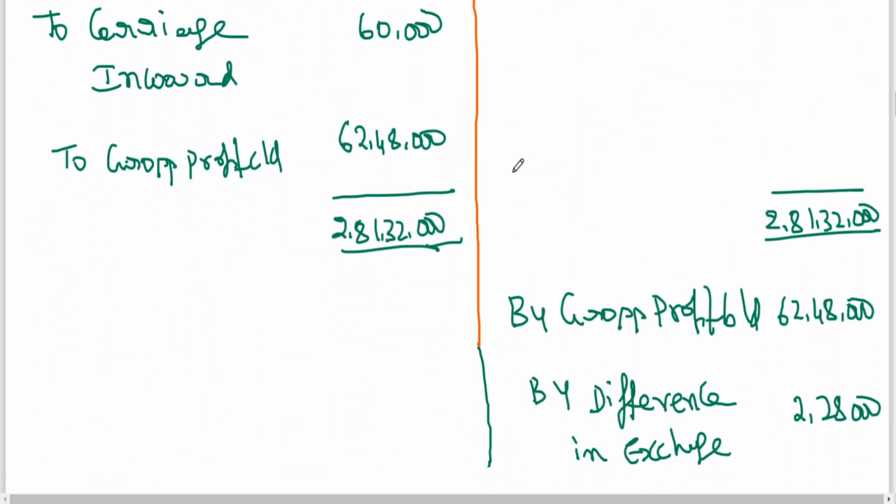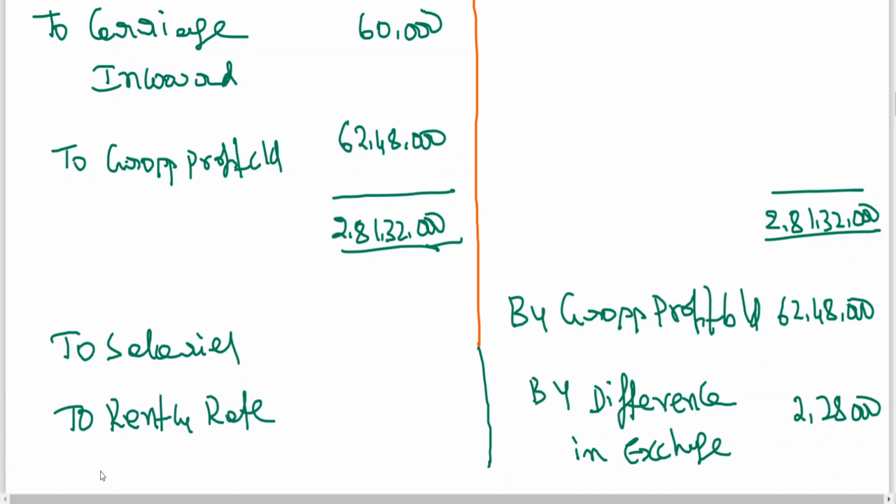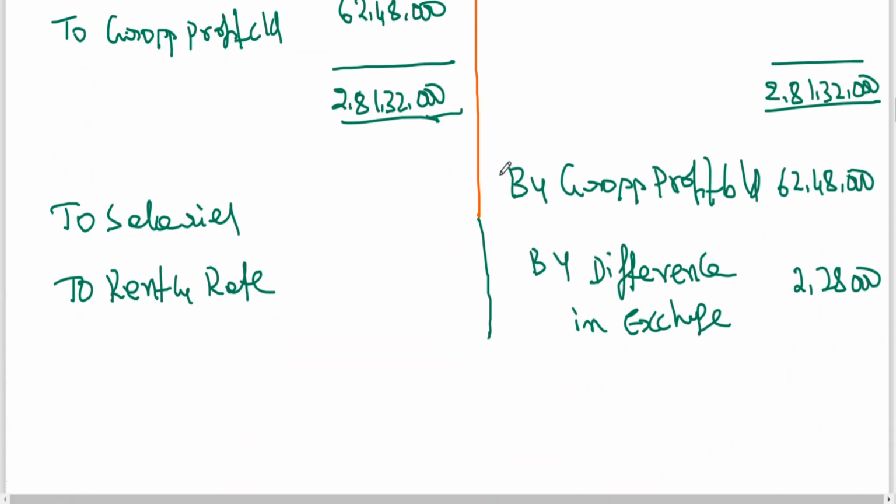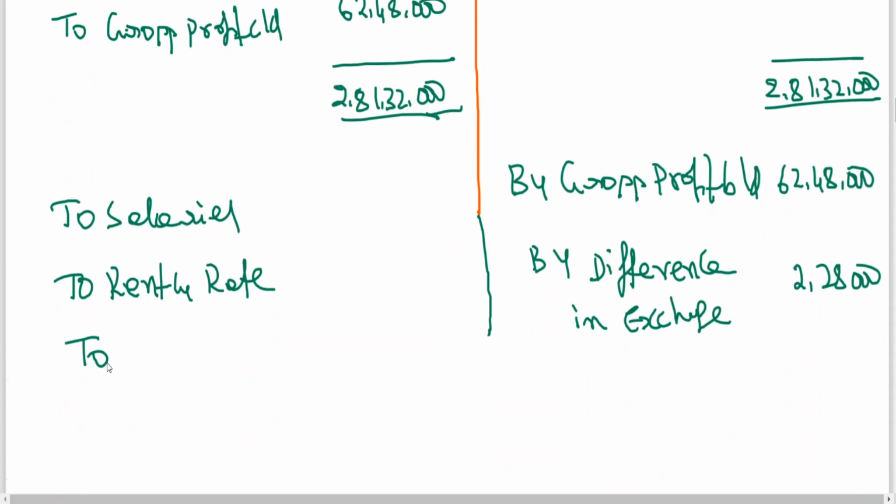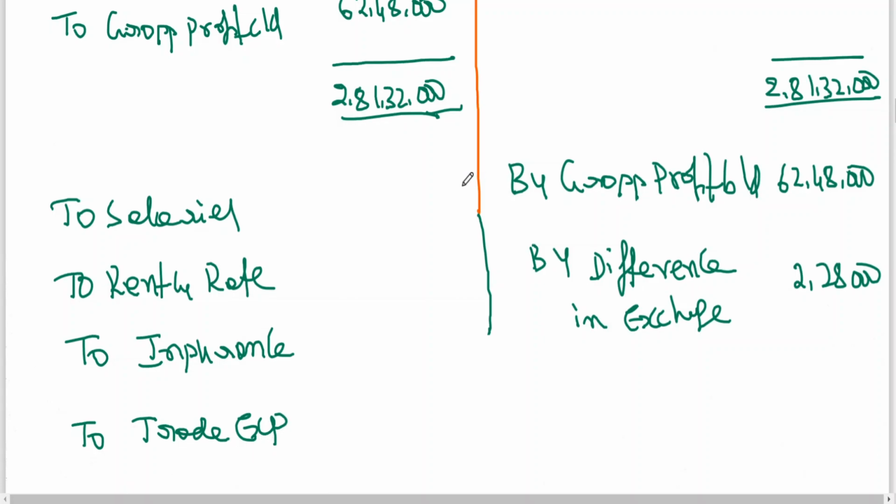Then we need to show the expenses. We got salaries, rent and rates. You know that when depreciation is appearing in the trial balance, depreciation will be taken to P&L account, along with insurance, trade expenses, and depreciation.